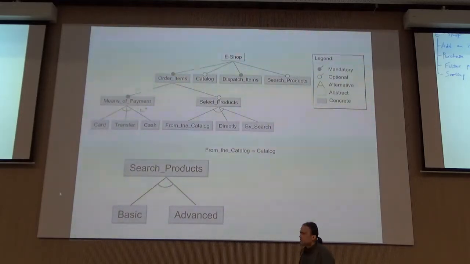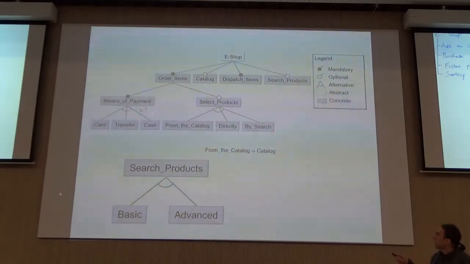Later, what has been added historically, because this approach has its roots in the 90s in the method called feature-oriented design analysis, are cardinalities or multiplicities, feature multiplicities.